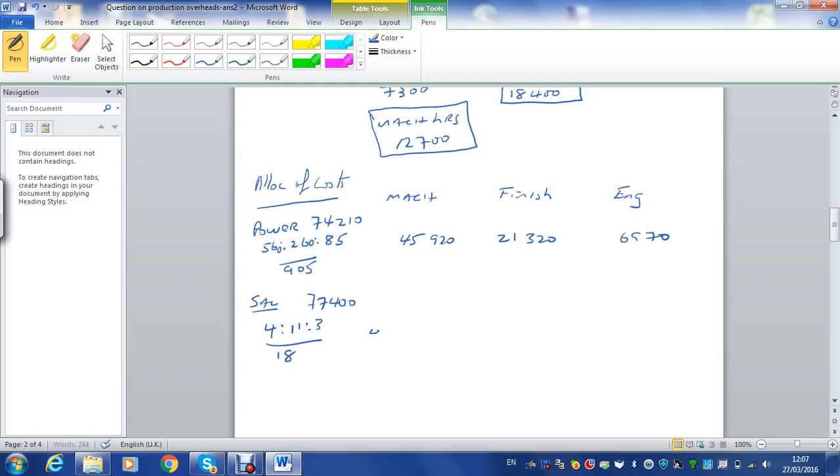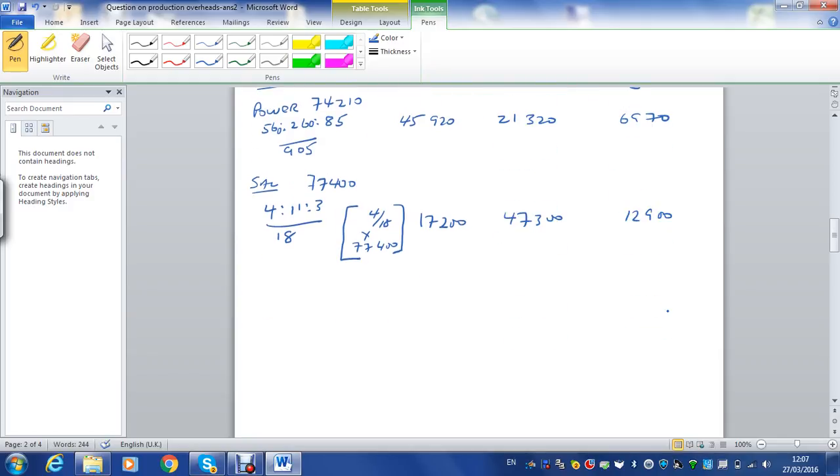So simply 4/18 multiplied by 77,400 will give you 17,200, and that's just me showing you the maths. Similarly, 11/18 multiplied by 77,400 will give you 47,300, and so on.